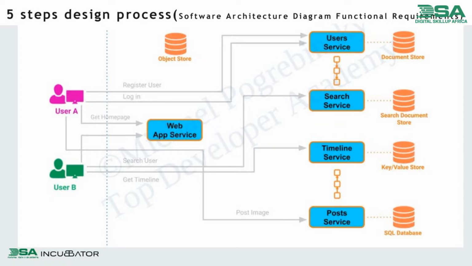And that is why you see that the user A arrow points and goes directly to the user service, whether to register or to log in. You can see how we are changing our sequence diagram to look like an architectural diagram.